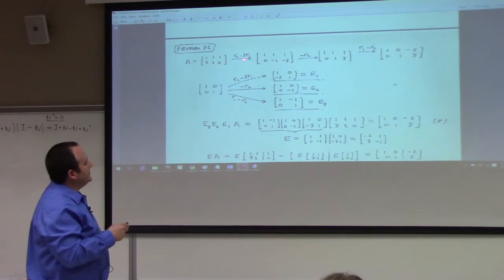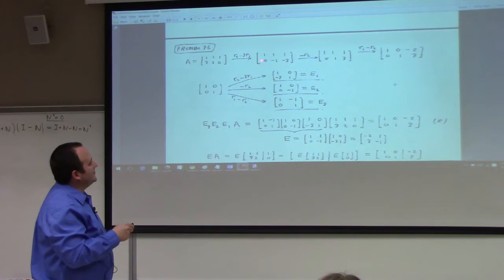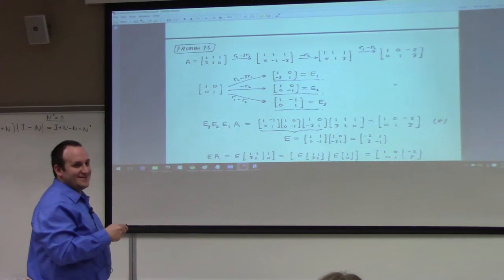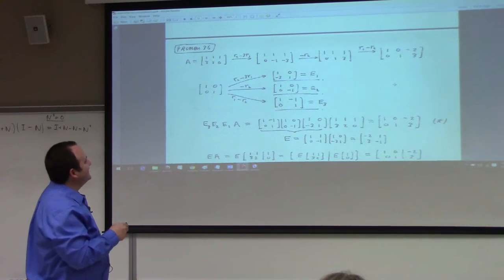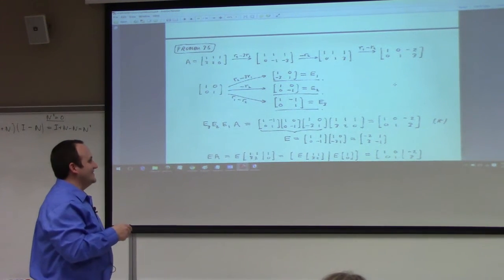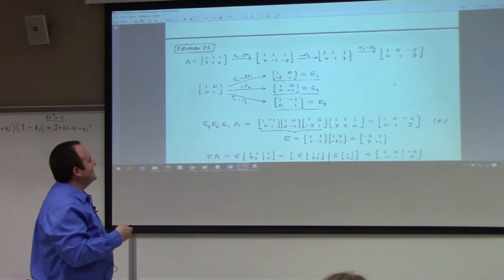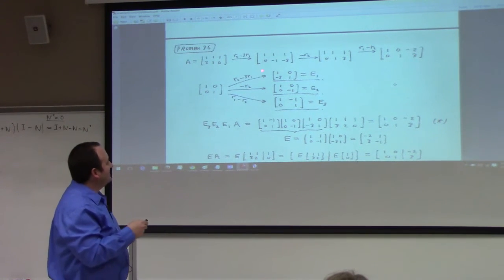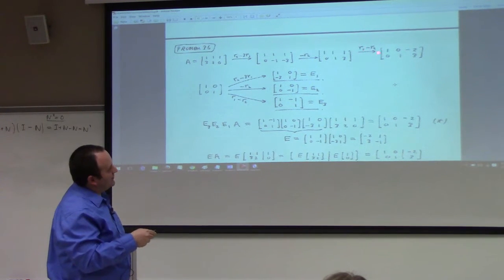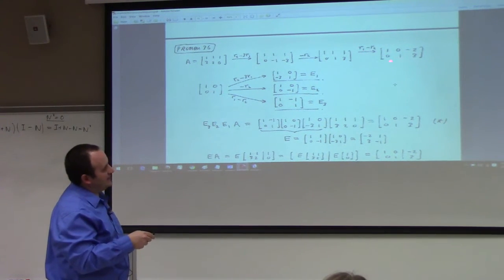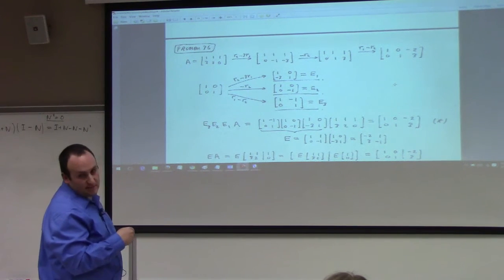So I subtract thrice, that's not a word, thrice the first row from the second. Obligatory, this is nothing to sneeze at. Let's see here. Then minus row 2 gives me that, right? And then row 1 minus row 2 gives me that, at which point I'm done. That's the reduced row echelon form of that guy.